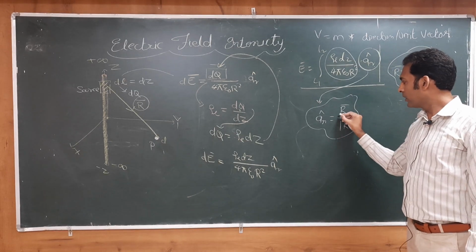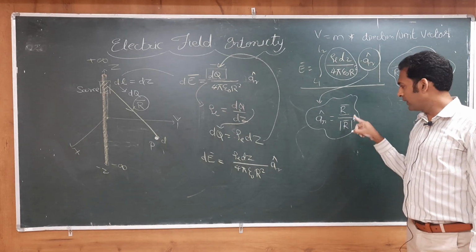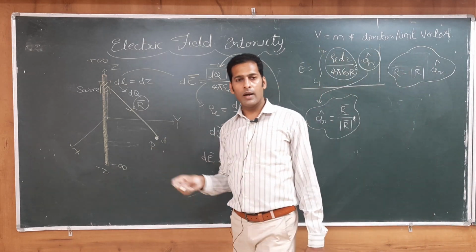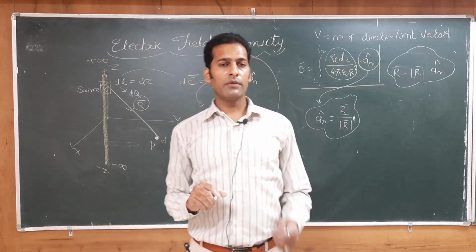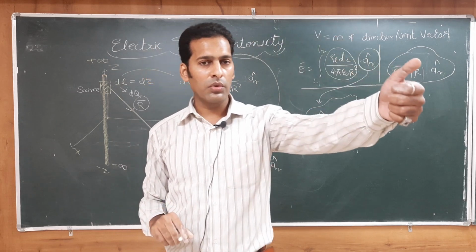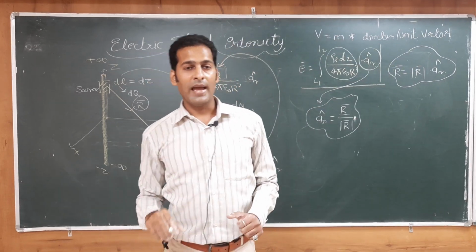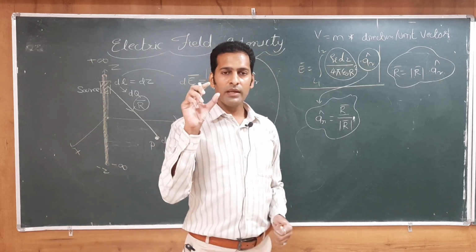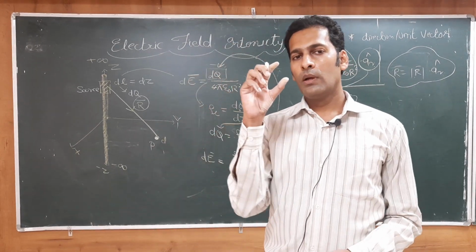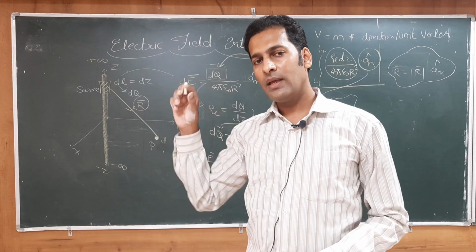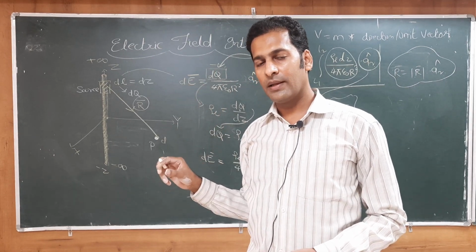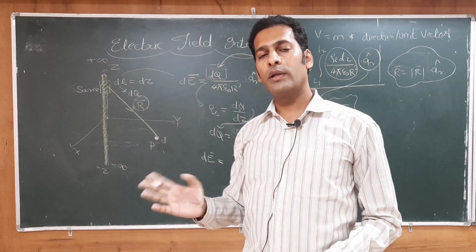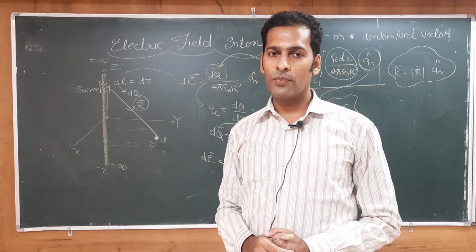Then we have to focus on r bar. We require r bar and mod of r bar. So what is this r bar? R bar is the position vector which is connecting the source to destination, whether our line is finite or infinite. We are considering a small differential source which is applying a small differential electric field intensity on a given point, and then we integrate according to the requirement of our problem.